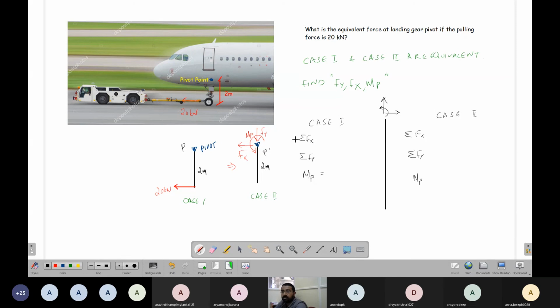We assume the sign convention assumed here. So this is positive, this is positive, this is positive. The same kind of sign convention you have to use here also. Positive. Positive.